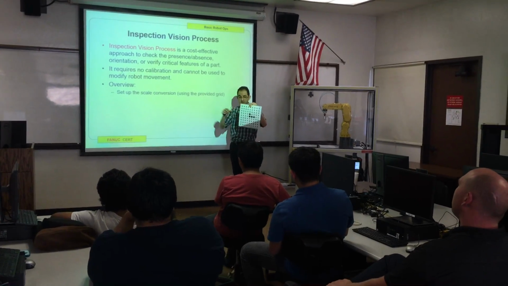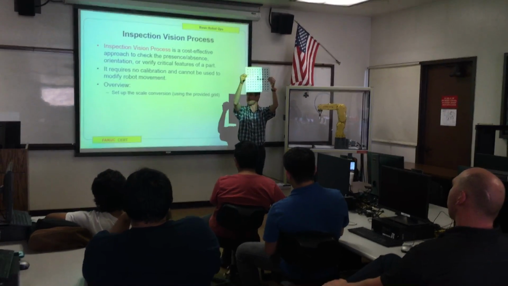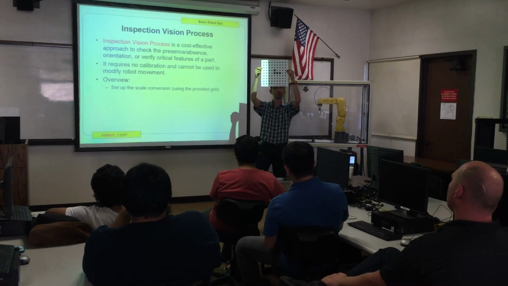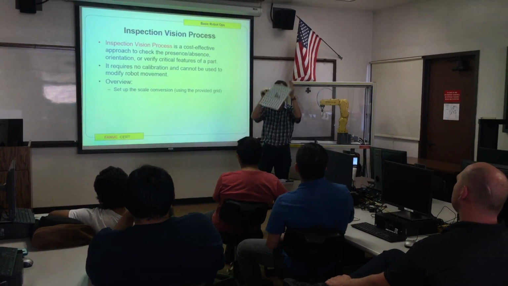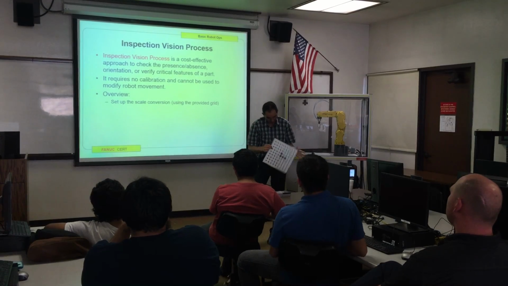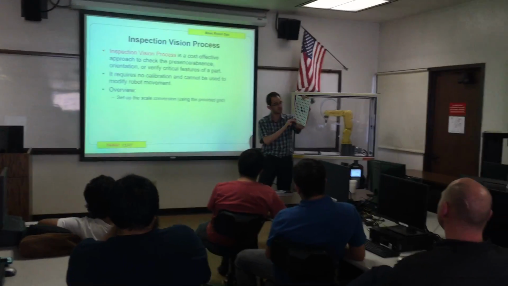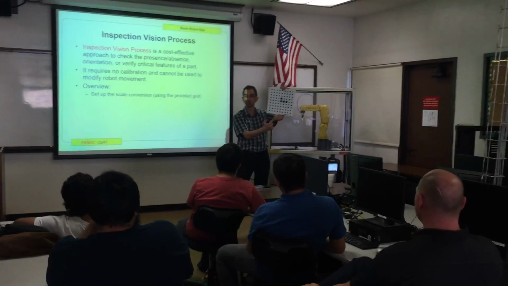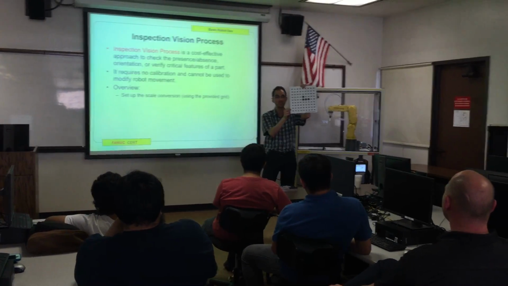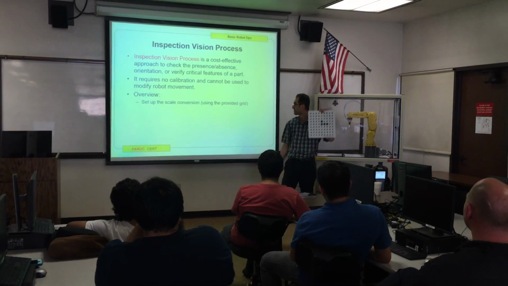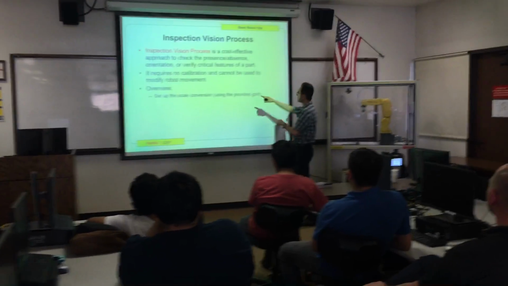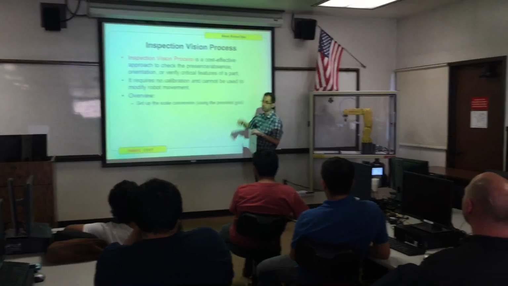So the very first thing you're going to teach the system is the distances. For example, the distance between each dot to the next dot is 30 millimeters, so you put that in the system so it knows that's 30 millimeters. That's the very first thing in order to do an inspection vision process, right?